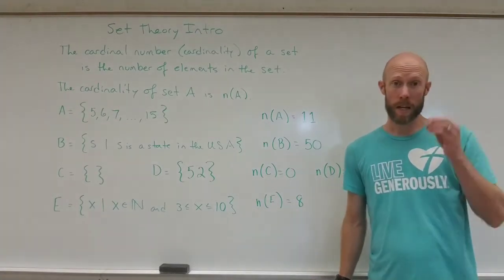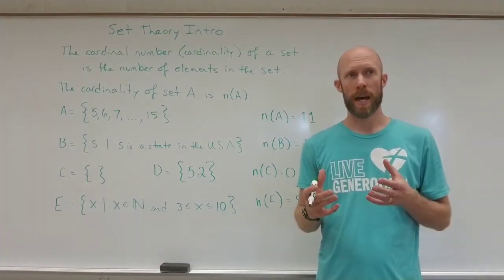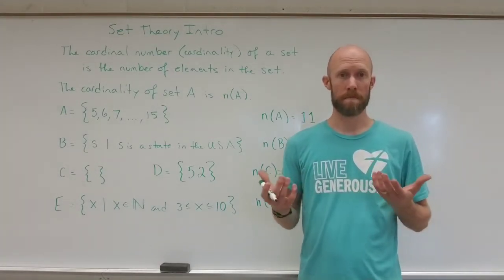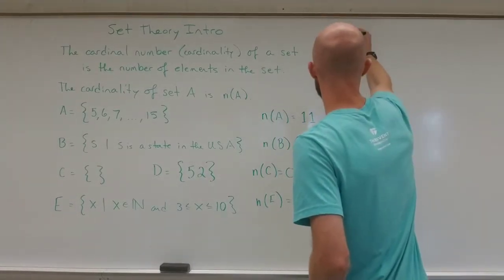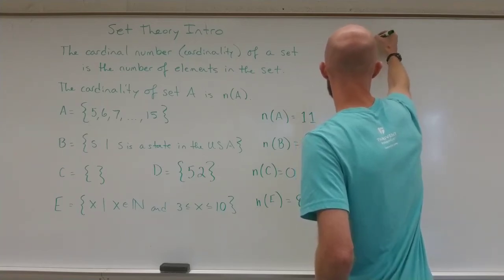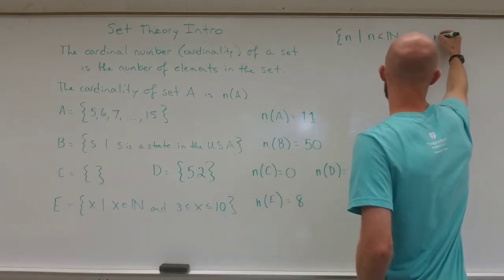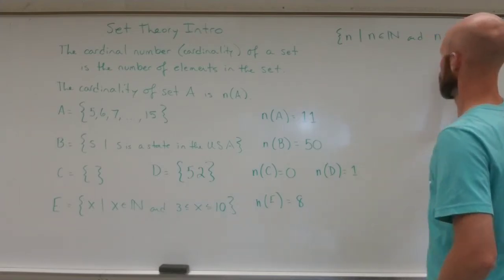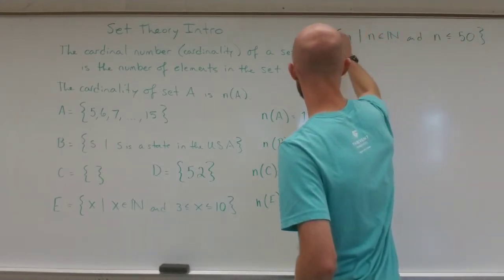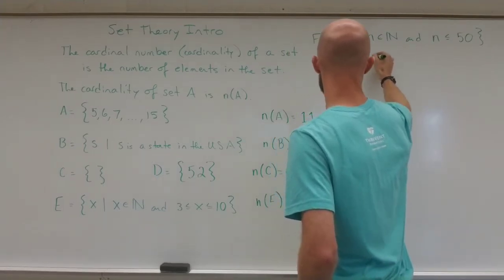Okay. Now, what's interesting is that some sets have the same number of numbers in them. For instance, I could have the set of natural numbers such that n is in the natural numbers, and n is less than or equal to 50. Let's call this set F. Well, the cardinality of F is 50, right?